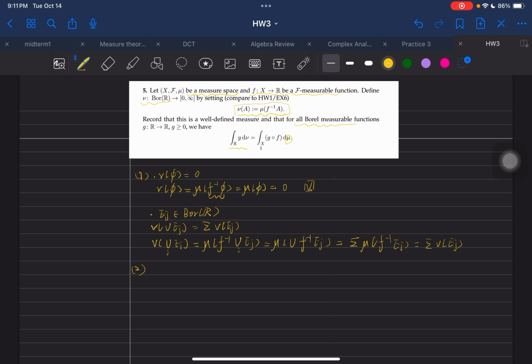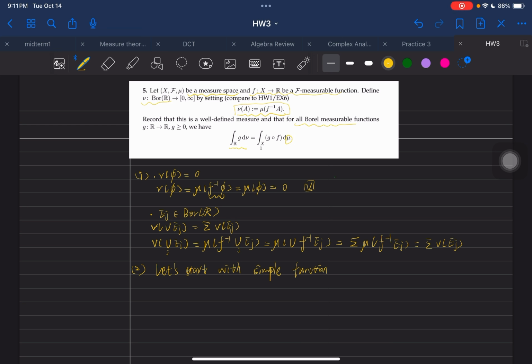But recall that we can approximate any function by simple functions. So we're gonna utilize that to prove this part 2. So let's start with simple functions and then try to approximate any other functions by using the simple functions.